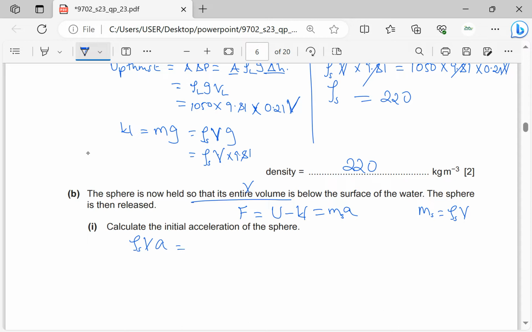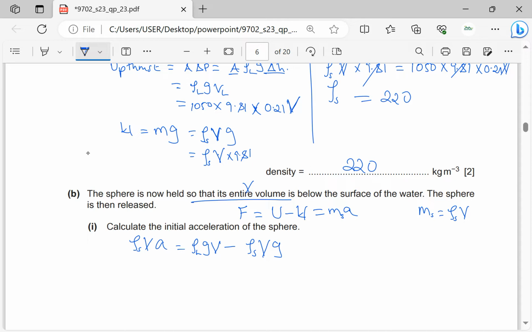The upthrust is going to be the density of the liquid times G times the volume of the liquid. Of course, if the entire volume of the sphere is in the water, it means the volume of the water displaced is still the same as V. Then minus the weight. The weight of the sphere is equal to the mass of the sphere, which is density of the sphere times its volume, then times G.